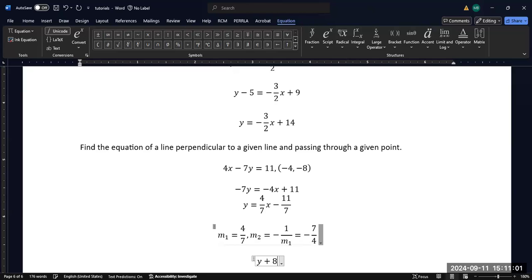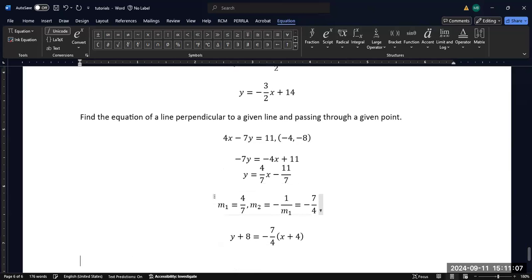So y plus 8 is equal to 7 over 4 times x plus 4. We distribute: 7 over 4 x plus, the 4's cancel, and I'm left with 7. Yes, 7.